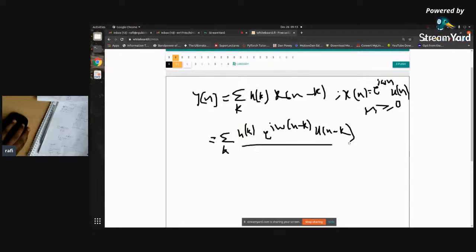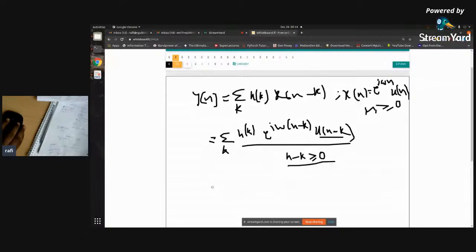What about this product? This product is non-zero whenever n minus k is greater than or equal to 0. Only then u of n minus k is 1. Otherwise, if n minus k is negative, u of n minus k is 0 and the whole thing will go to 0. So this summation is valid only for this limit.